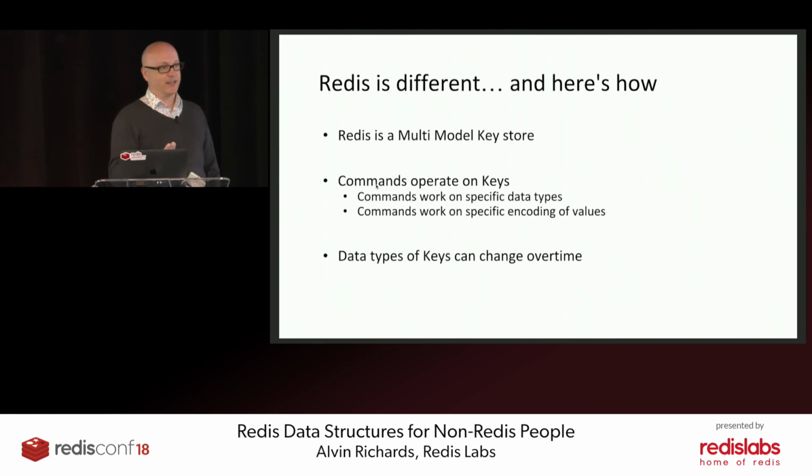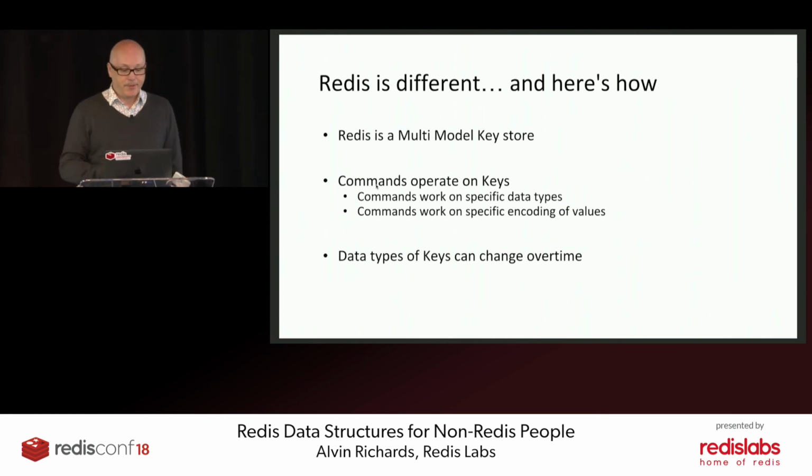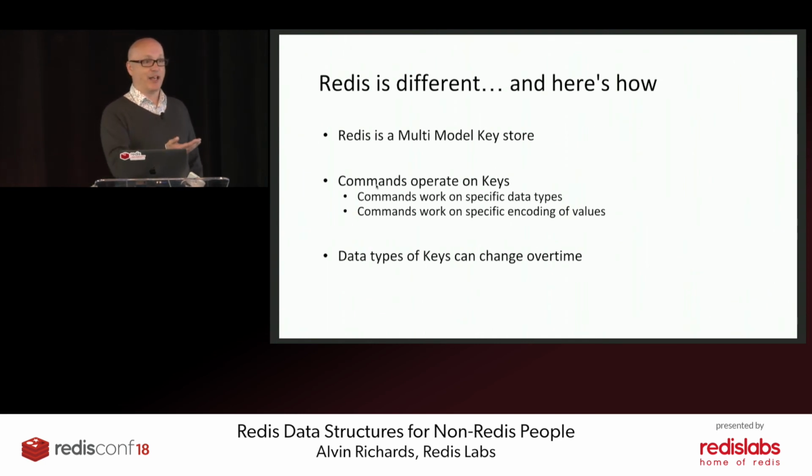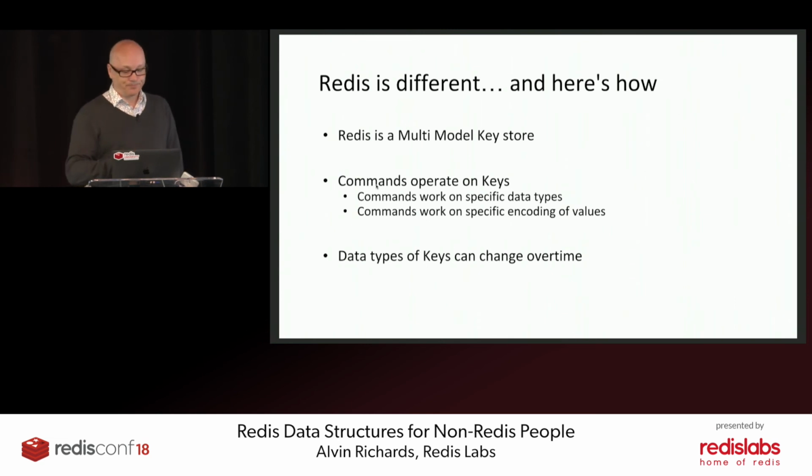I can increment an integer, but it makes no sense to increment a string. And so we have to first think about that, and then we have to think about the data type can change over time. This key may start off with a string value, but you could then put a list in there, you could put a set in there. And so Redis naturally supports polymorphism.